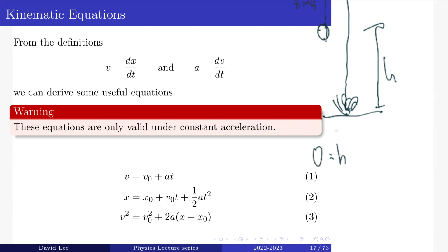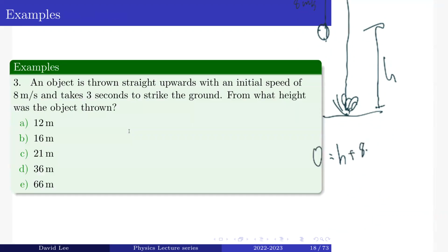That's our final position is equal to our initial position, which is h, plus our initial velocity, which is 8 meters per second, times t, and t is 3 seconds if we go back to the problem. And then plus 1/2 at squared.